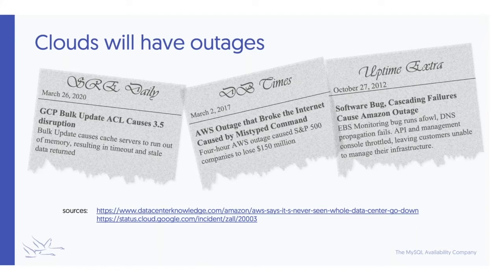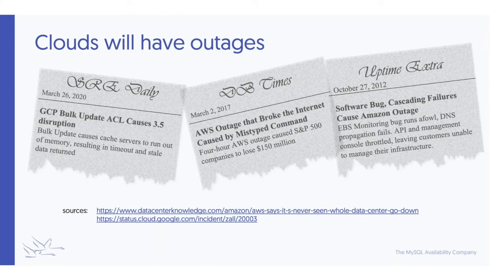A couple years ago, AWS had a major outage, and it was just due to a mistyped command. But that was down for 4 hours, and just S&P 500 companies suffered $150 million in losses. 4 hours is a long time.